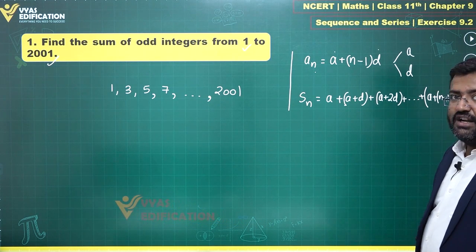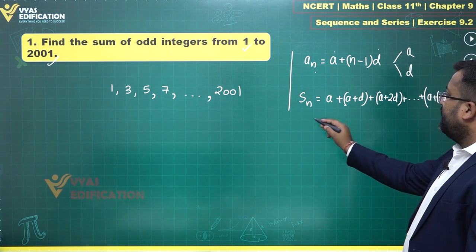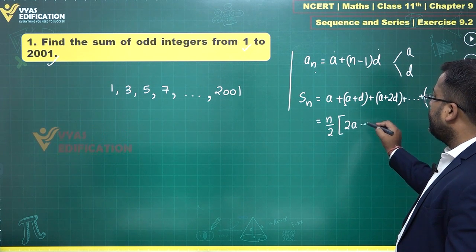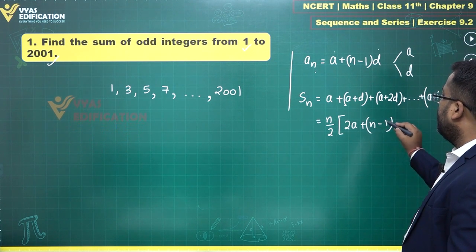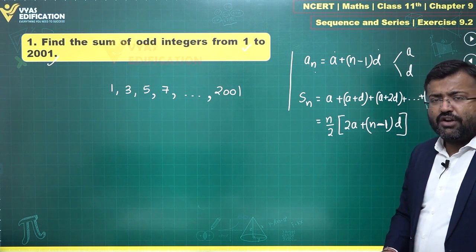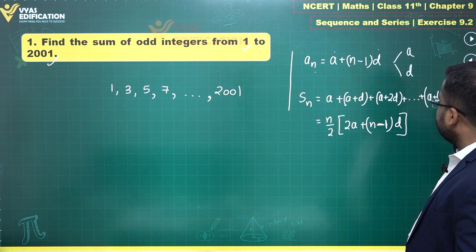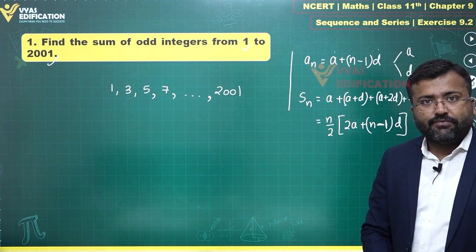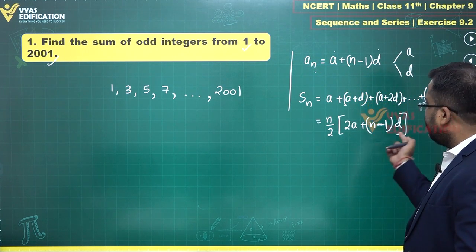This is the expanded form, and this can be clubbed together to give you this formula: S_n equals n by 2 times (2a plus (n minus 1) d). How do you obtain this result? By simple modification. Basically, you write S_n directly, and you write S_n again by reversing the order of the terms, and you add them to give you this.